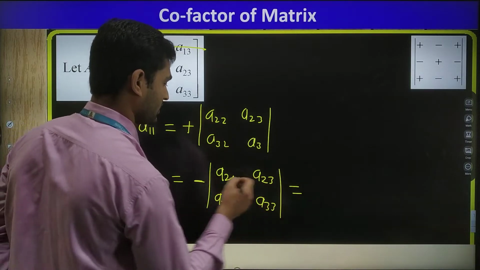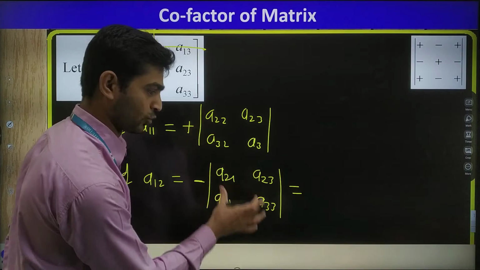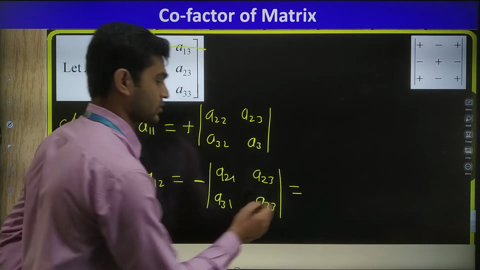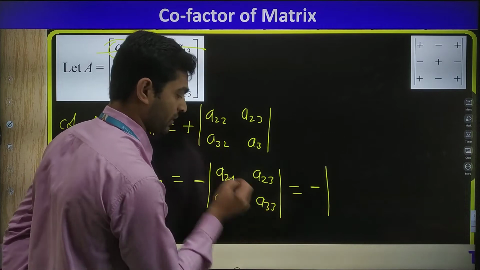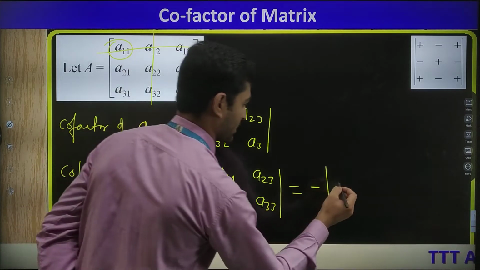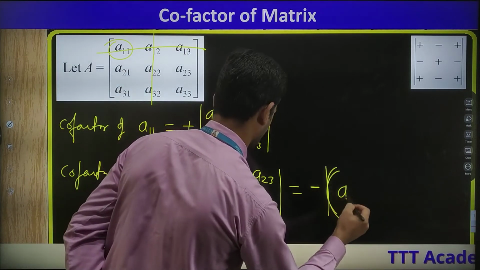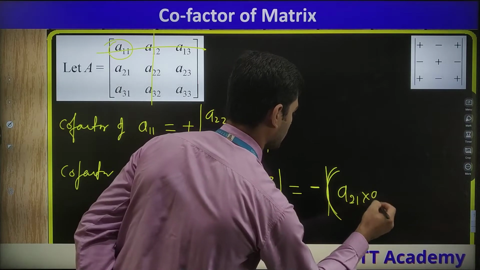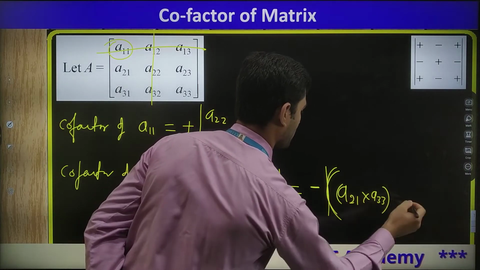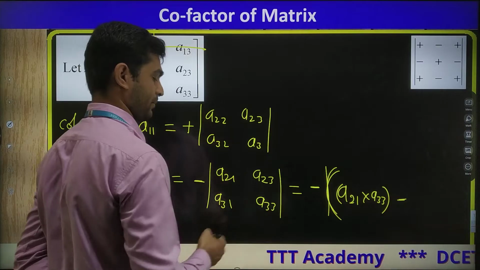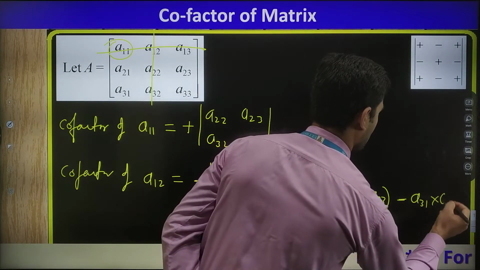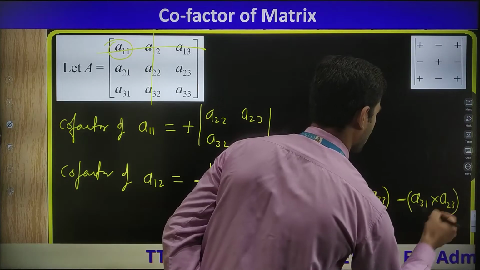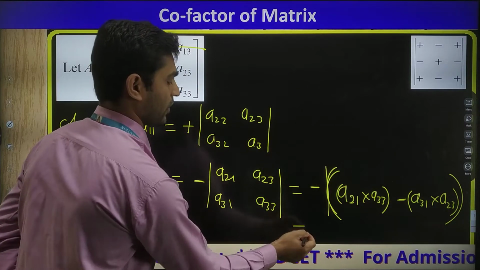Next, you can simplify this because it is the 2 cross 2 determinant formula. Keep the minus. Then the first principal diagonal product becomes a21 into a33, minus the product of the second diagonal elements, a31 into a23. This way we can get the value of the cofactor.